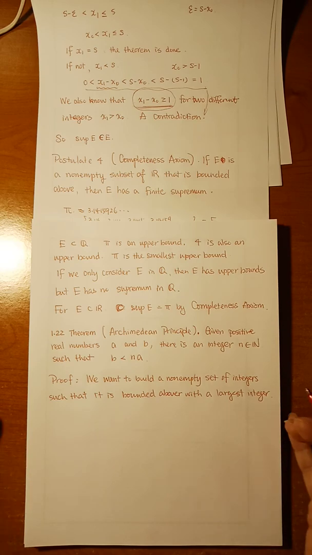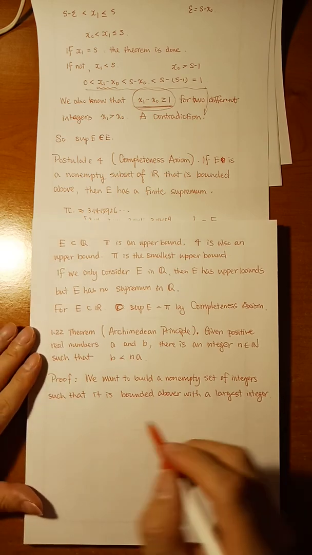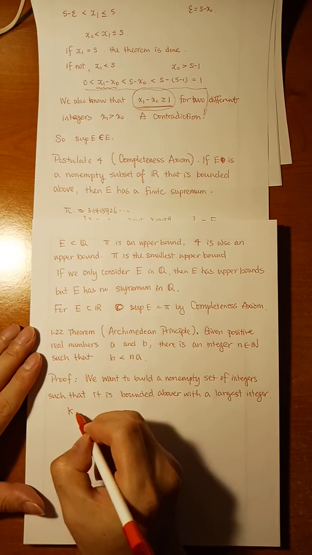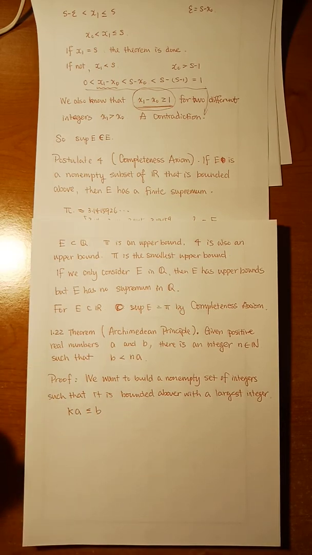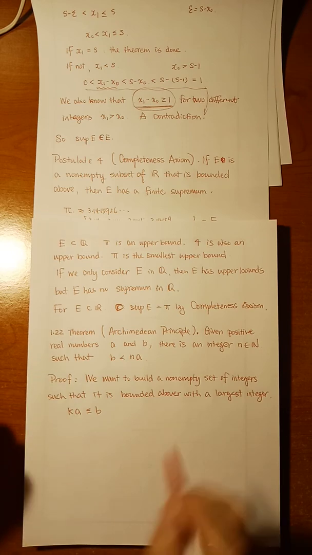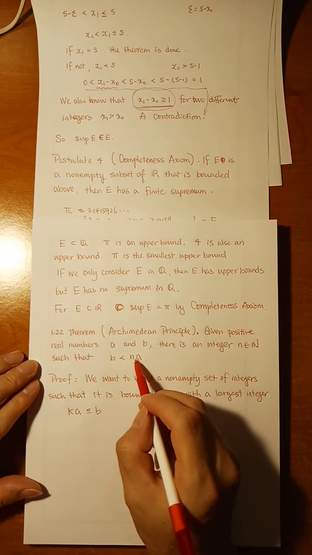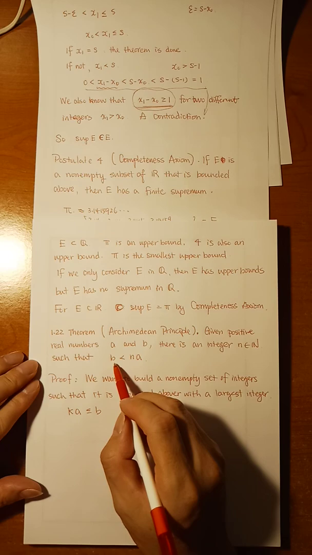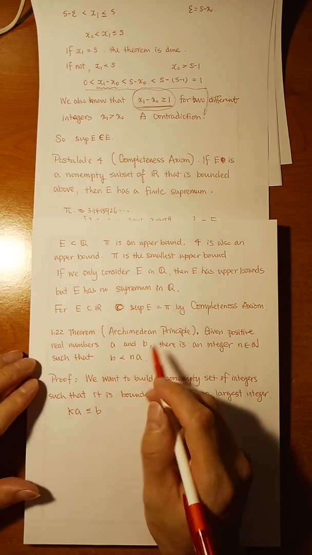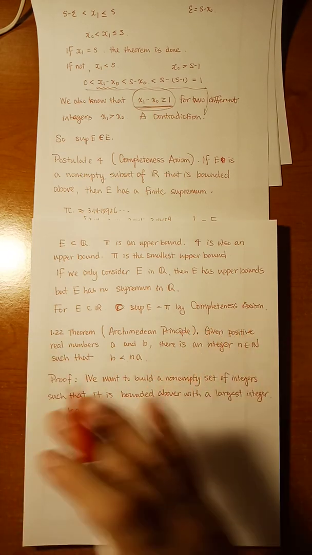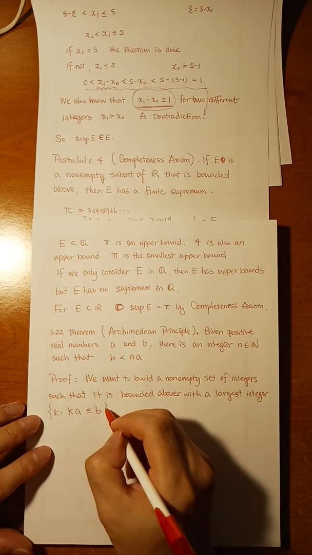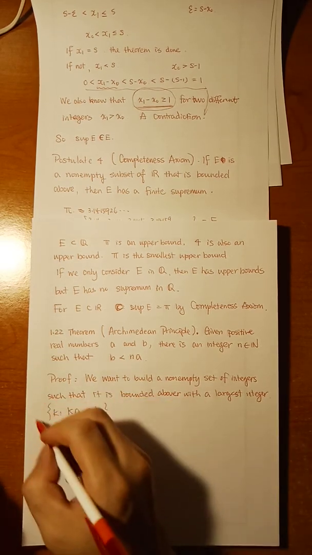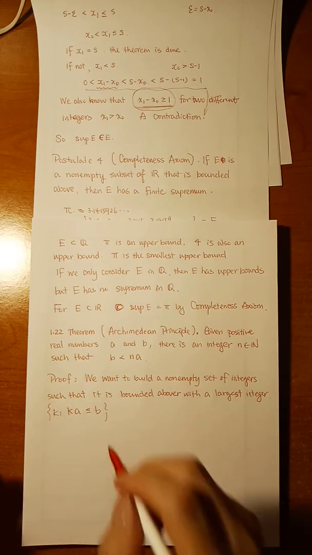Why? Because we do the following. We want this to happen: Ka is less than or equal to b. Here you want n times a greater than b. Then let's just find its opposite. You get all the k such that Ka is less than b.